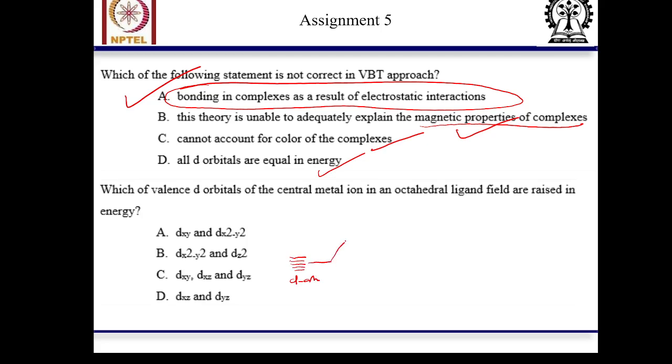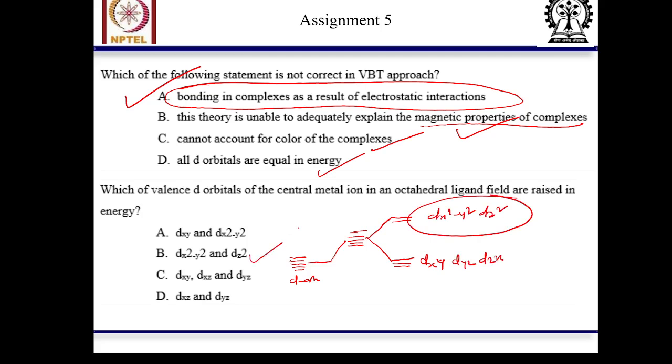First, all 5 will rise under the octahedral field. Now further splitting will happen. The orbitals between the axes, dxy, dyz, dzx, will be lower in energy, and dx square minus y square and dz square will be higher in energy. So the correct answer is B.